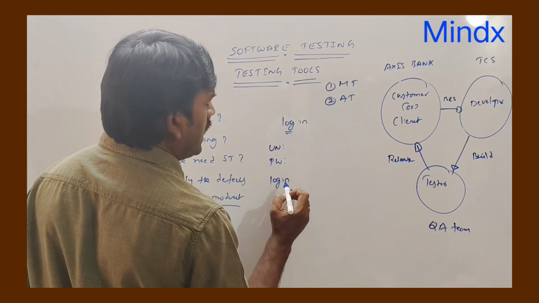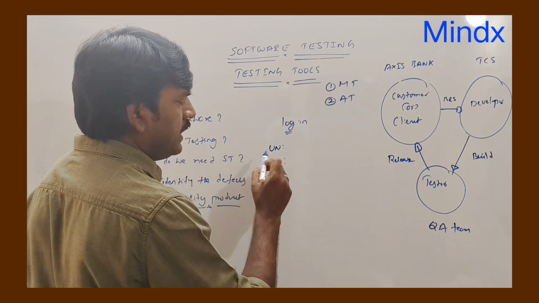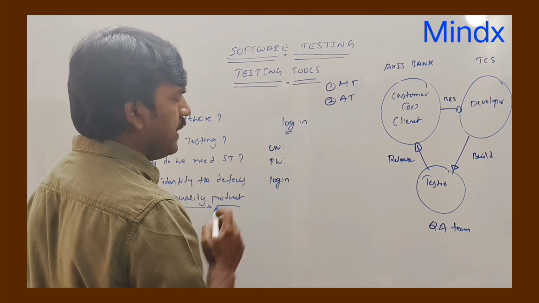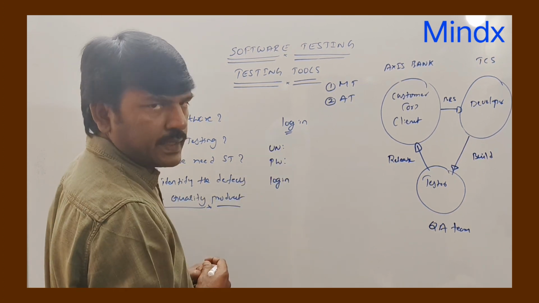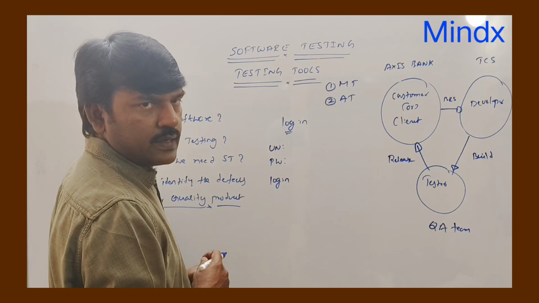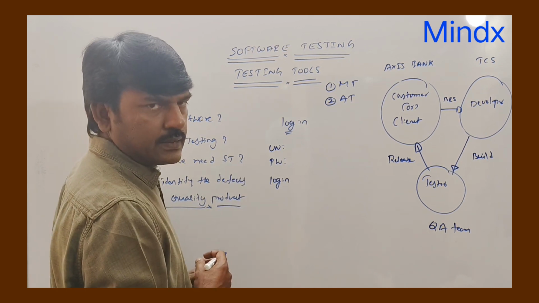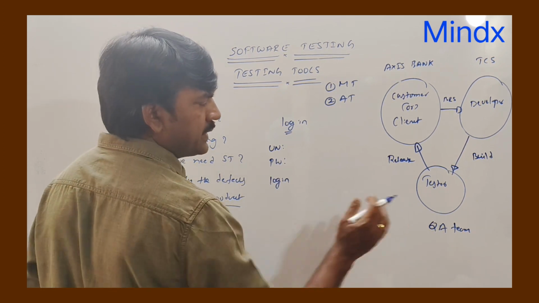Next, login button. So these are the three features or three elements. For these elements, now I am conducting testing, whether the login page is working or not. I want to go for the test, positive test cases and negative test cases from testing team.